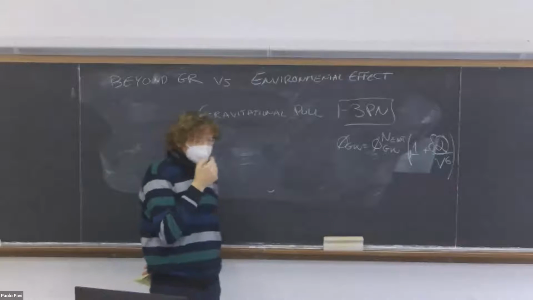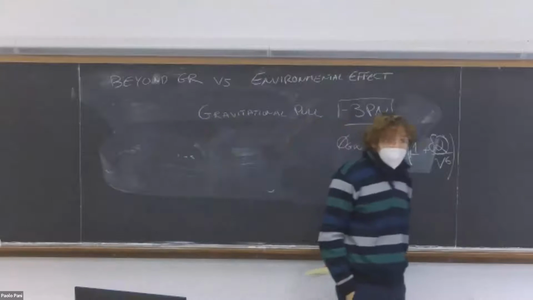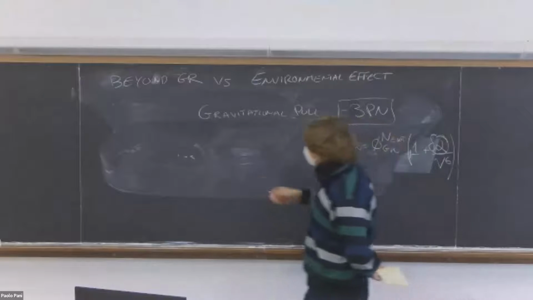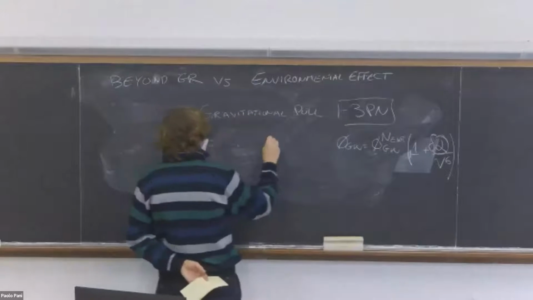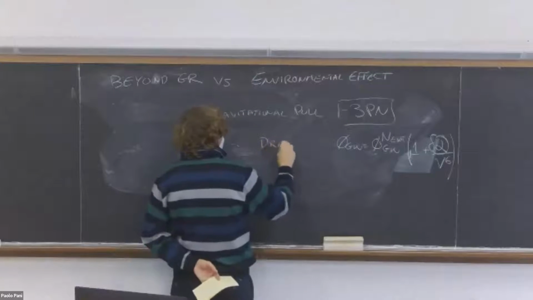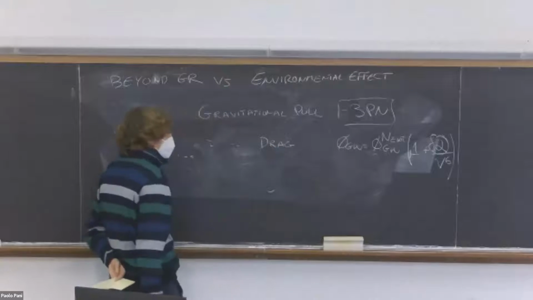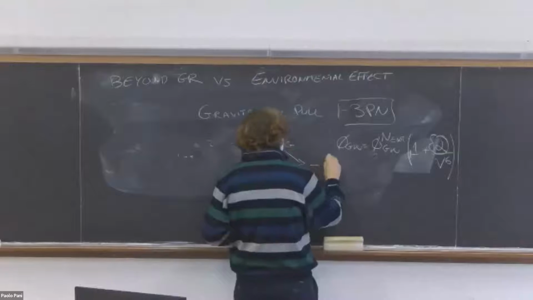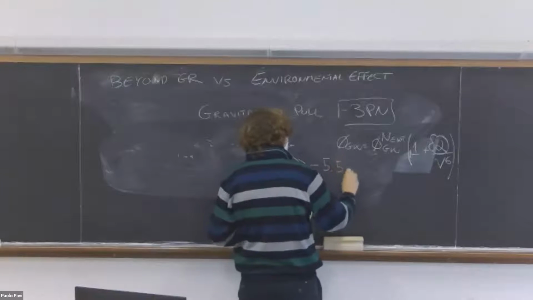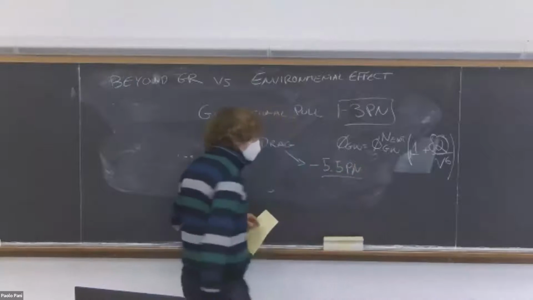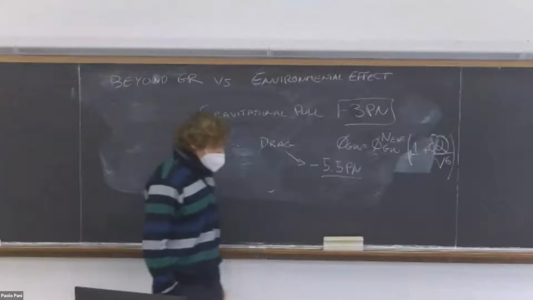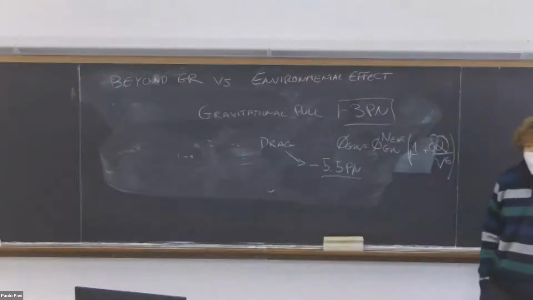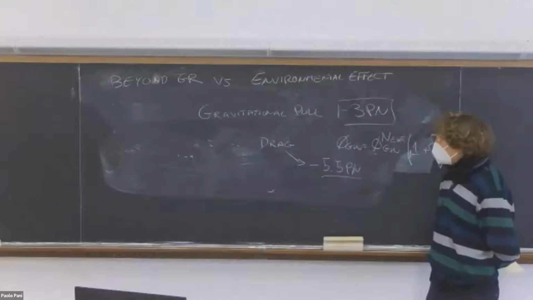But again, it's something to keep in mind at the moment you find possibly some anomalous effect. And similarly, for example, gravitational drag, the so-called dynamical friction effect, will introduce a term that I think is minus 5.5 PN. So it's even more important at small velocities, and again depends on the local density around the binary.